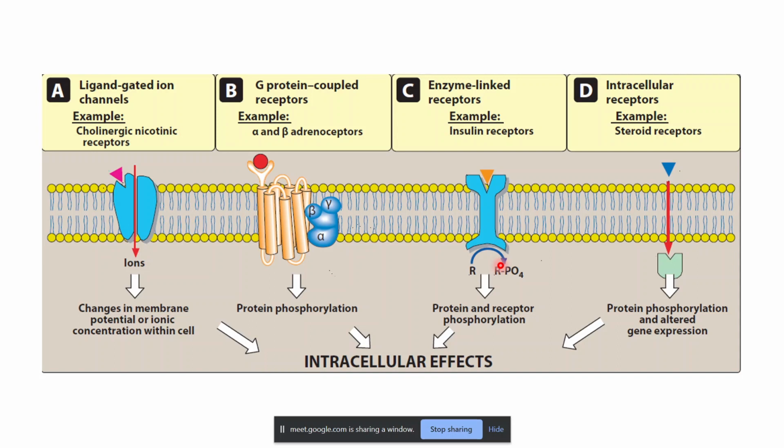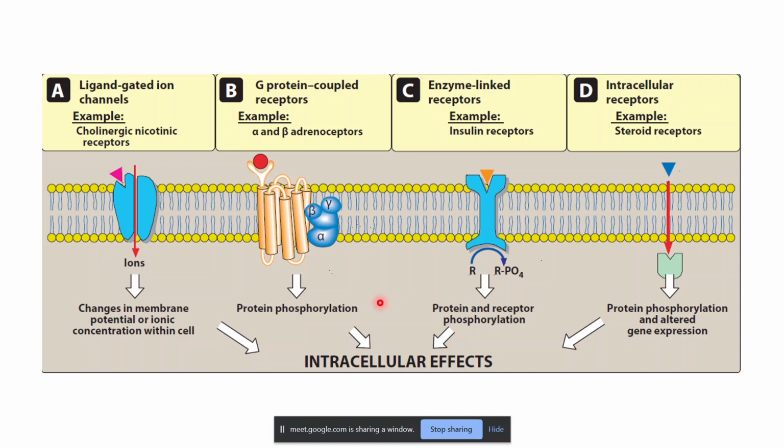This cascade of activations results in a multiplication of the initial signal, like that with the G protein coupled receptor. So these two types of receptors, G protein coupled and enzyme linked receptors, have many common features.